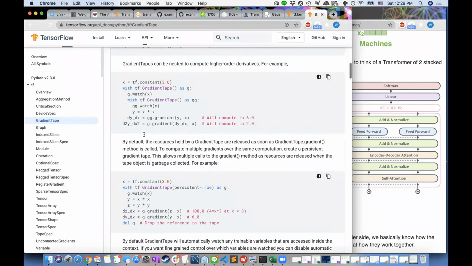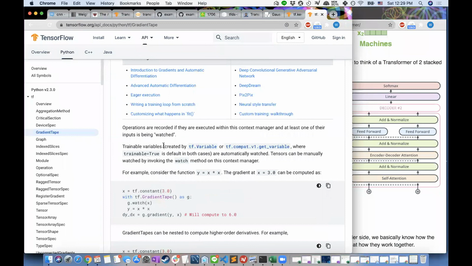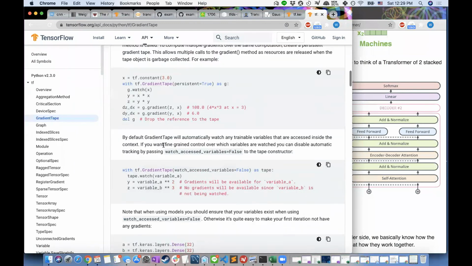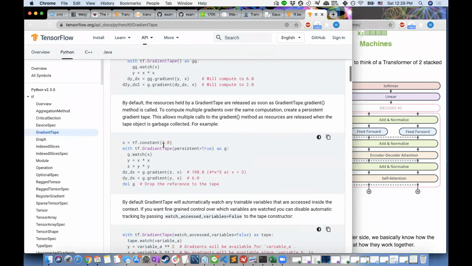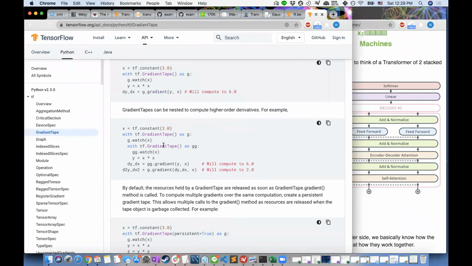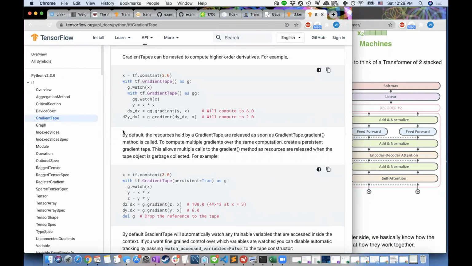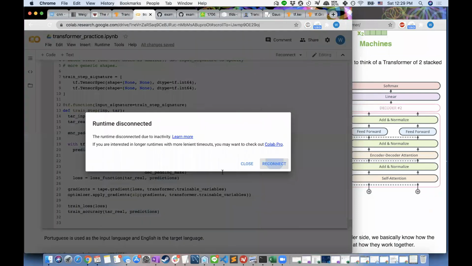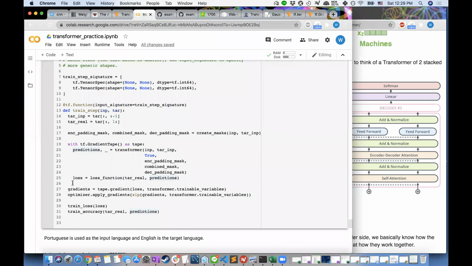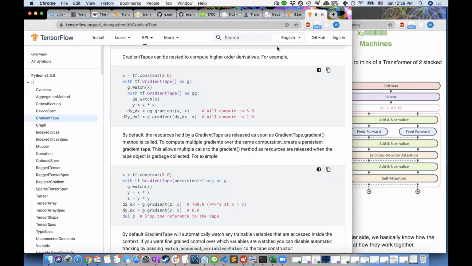Interesting. So you're recording the operations instead of just letting them pass by. And that's why you need a context manager, right? Because once the context block is done, it's automatically closed. And it says right here, by default, the resources held by a gradient tape are released as soon as the gradient method is called.